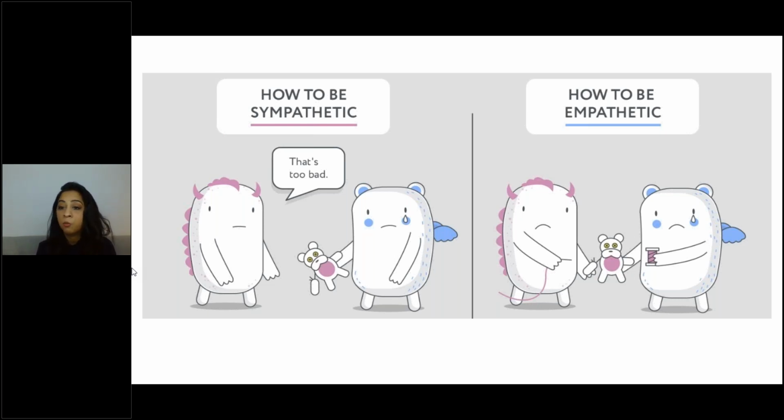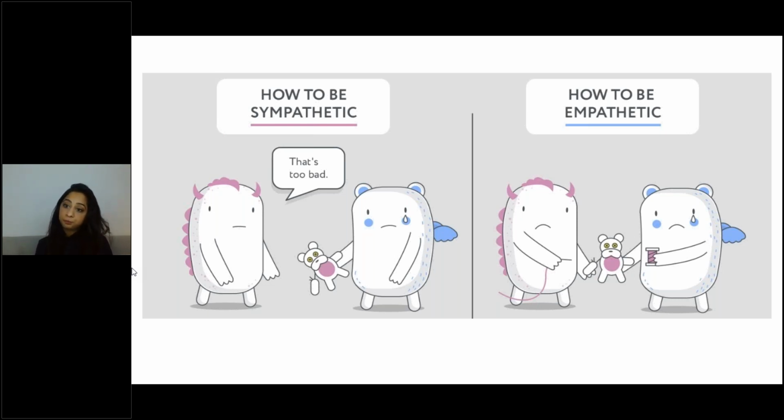You're observing someone and you're recognizing that someone is sad, or someone is happy, or someone is tearful, or someone is anxious. But in empathy, you are an active participant in their sadness. So you're going to help them with that sadness, and you're feeling sad that they're feeling sad. So you're a part of their emotions.